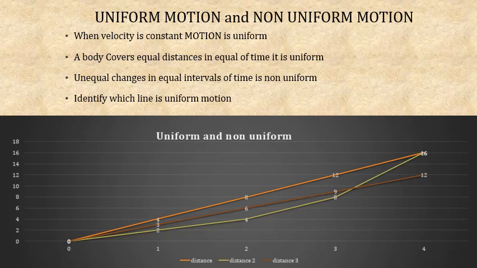The orange and the brown lines cover equal changes in equal intervals of time, so these two are under uniform motion. The third one, the green one, is under non-uniform motion, which covers unequal changes in equal intervals of time.